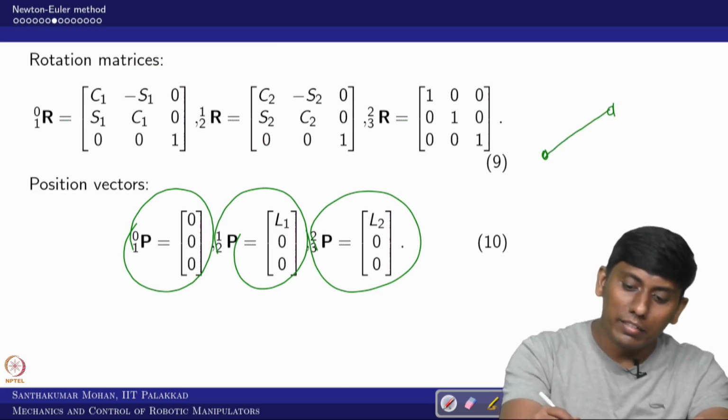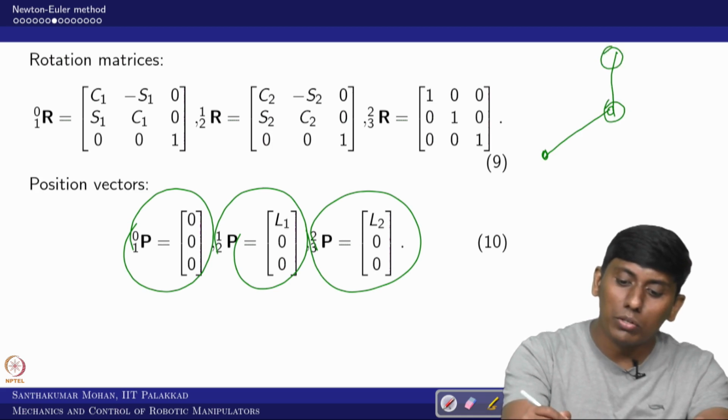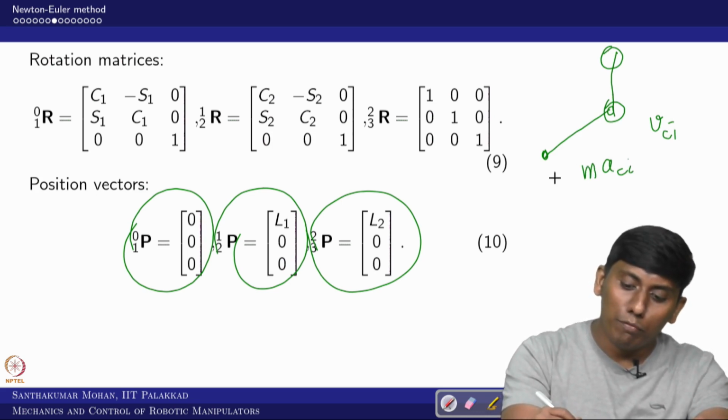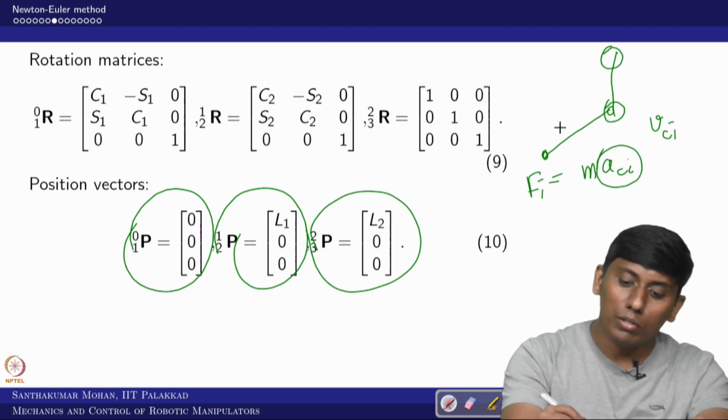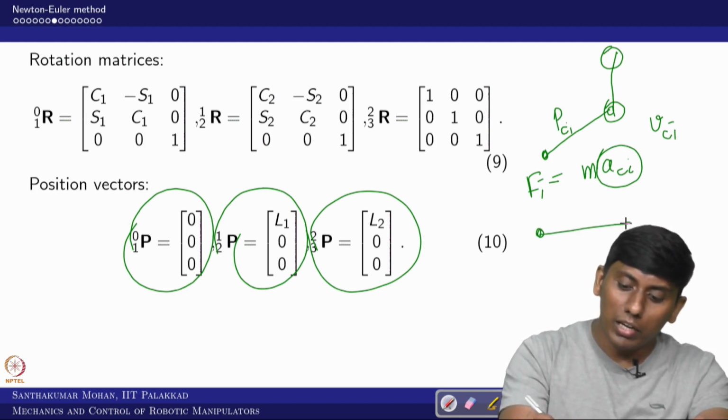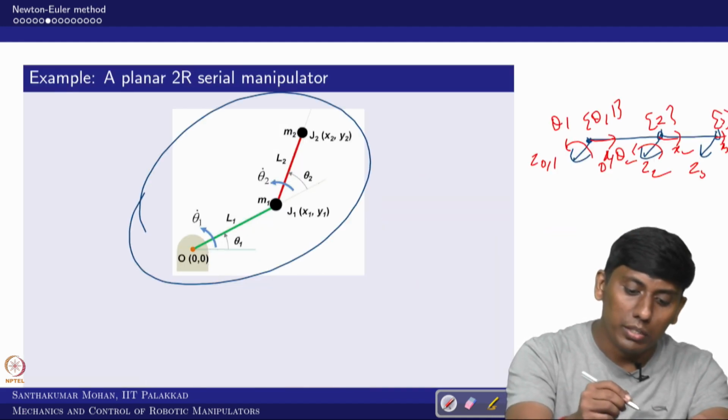You need to extract the centroidal location, because you are trying to find VCi and ACi, because you need to calculate the inertial forces, Fi. So this ACi you need to calculate, and for that you need to know the PCi. In this case, what would be the PCi? You can see that this is along X, so this is the mass concentrated. I'll show it here.